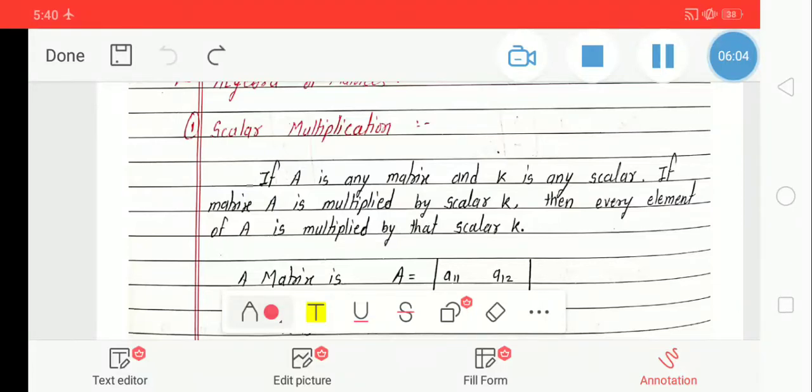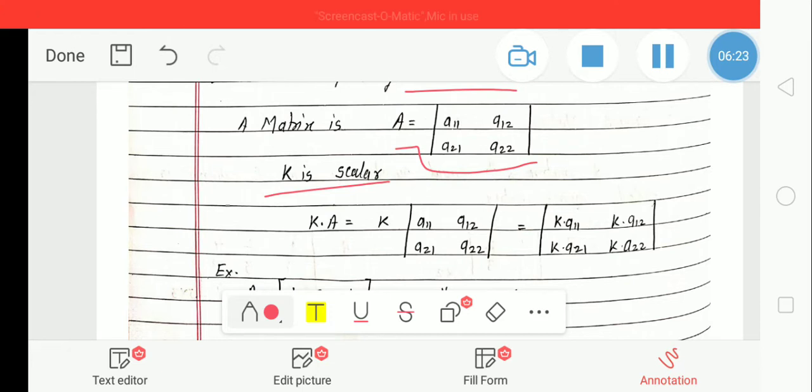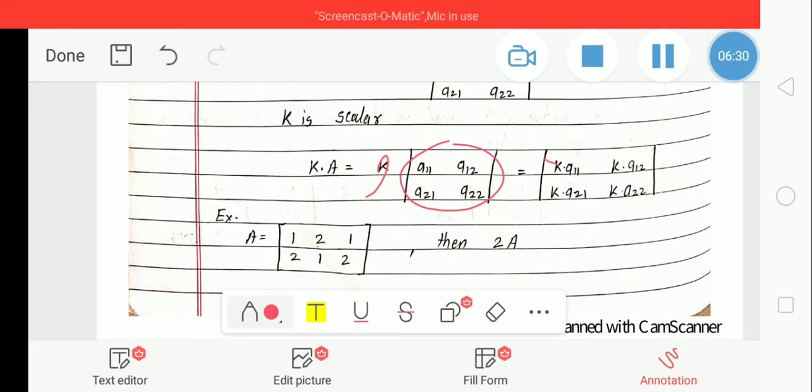If A is any matrix and K is any scalar, and matrix A is multiplied by scalar K, then every element of A is multiplied by scalar K, meaning K multiplied by every element of matrix A. So here A is a matrix and K is a scalar, so K multiplied by A is equal to K times the given matrix: K multiplied by a11, K multiplied by a12, K multiplied by a21, K multiplied by a22.